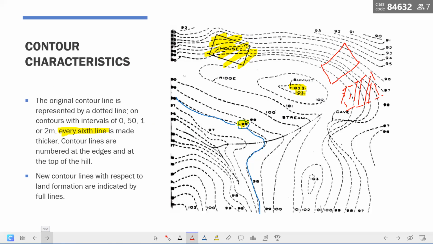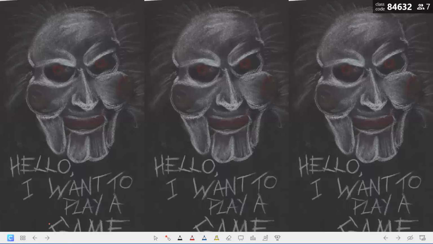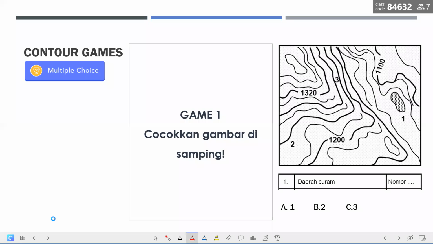I see 7 of you have joined. I'm still waiting for the others to join in, because right now I want to play a game. So please join in at ClassPoint.app.